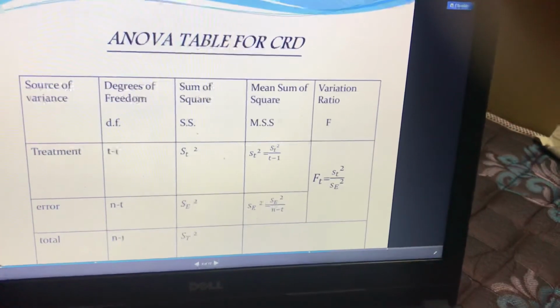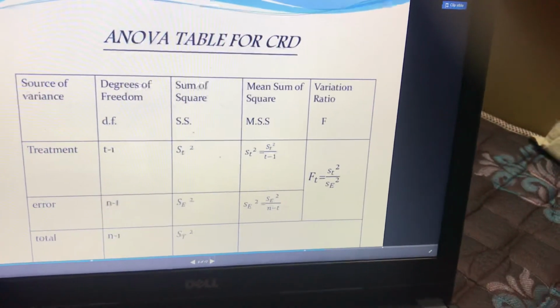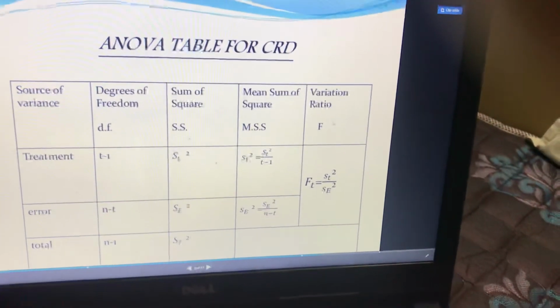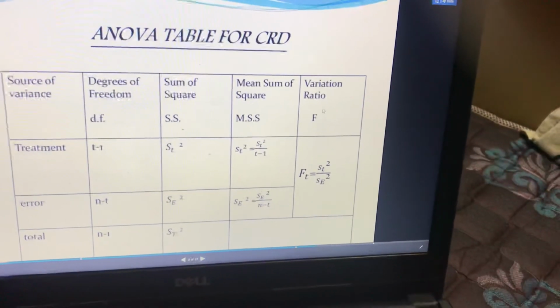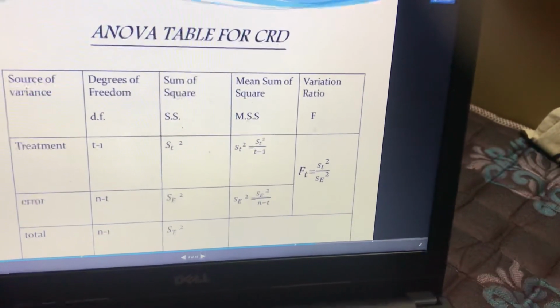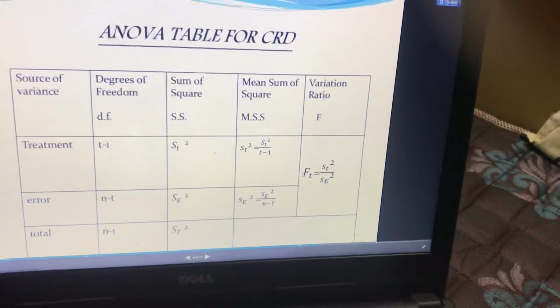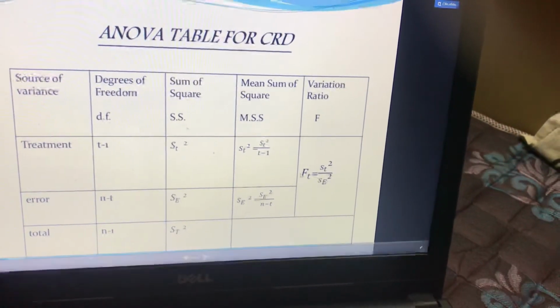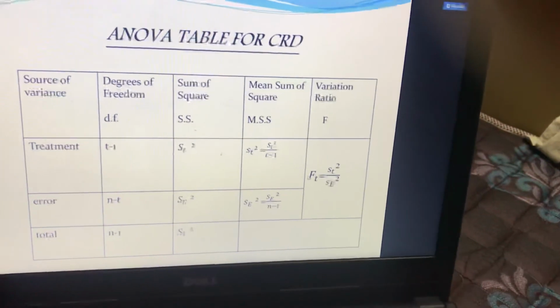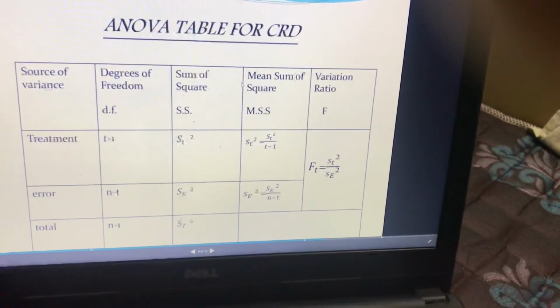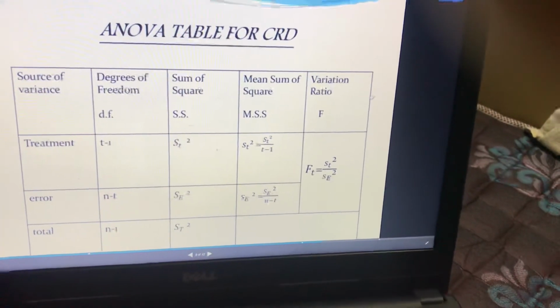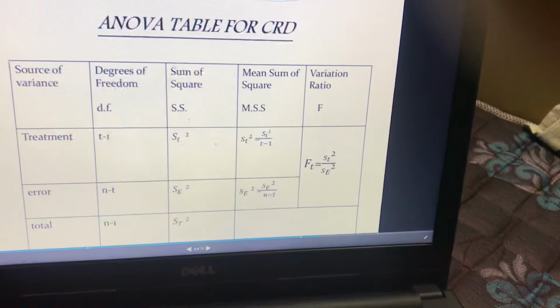Then the mean sum of squares due to treatments and error, for which we have a formula. The F ratio, or variance ratio, is F_t; we have only F_t because in CRD we have only one treatment factor, same as in one-way classification. So by using F tables we are going to calculate.